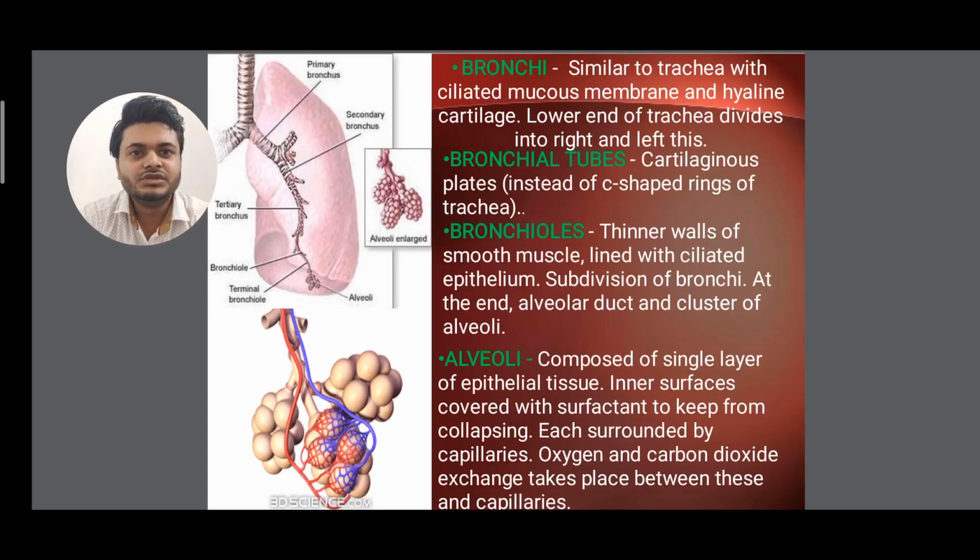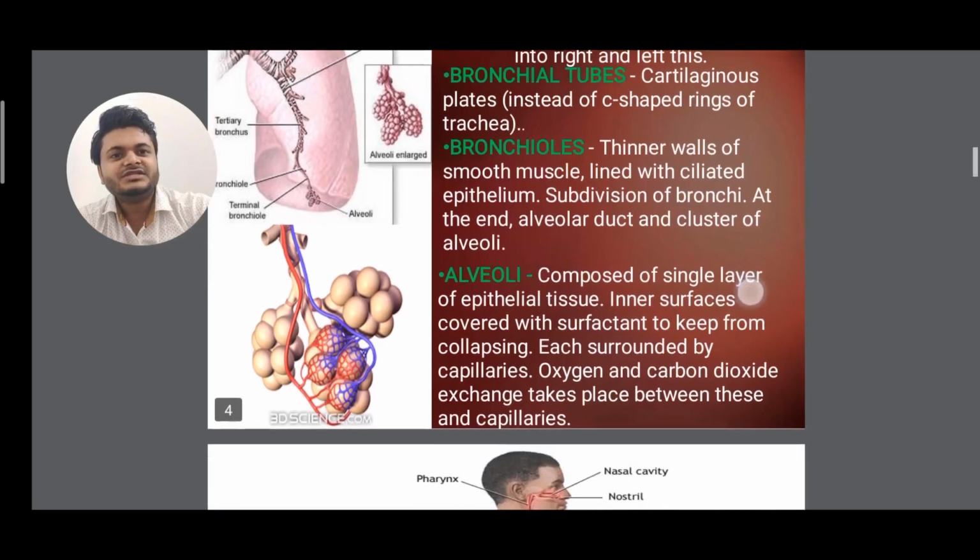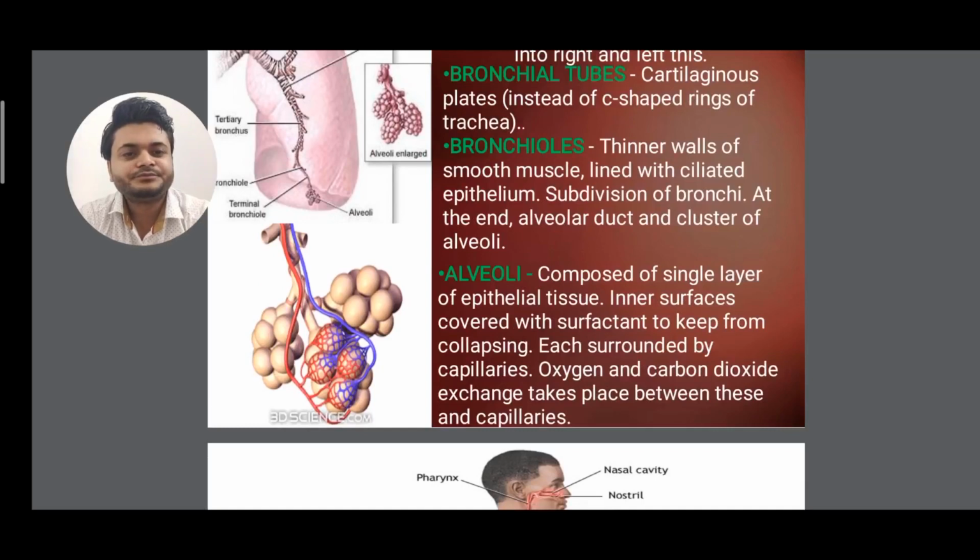Next, bronchioles. That means this bronchi get further divided. Bronchioles, thinner wall of smooth muscle lined with ciliated epithelium. Subdivision of bronchi at the end. Alveolar duct and clusters of alveoli. Next, what is alveoli? See, left hand side I have shown the diagram. Balloon like structure. These are very minute. Clear?